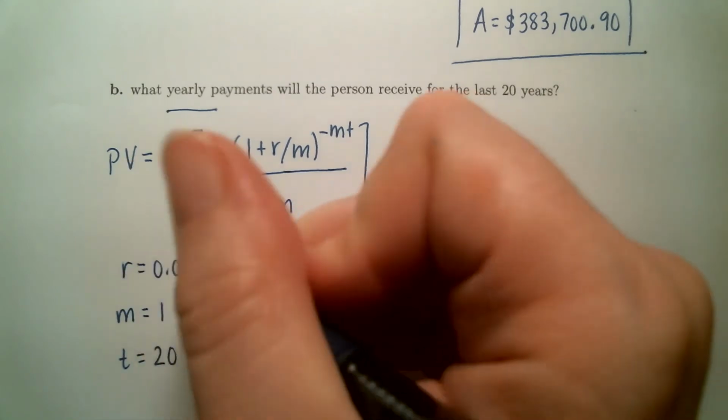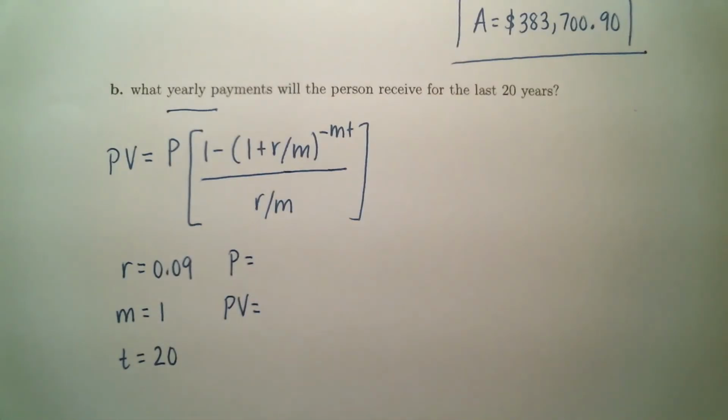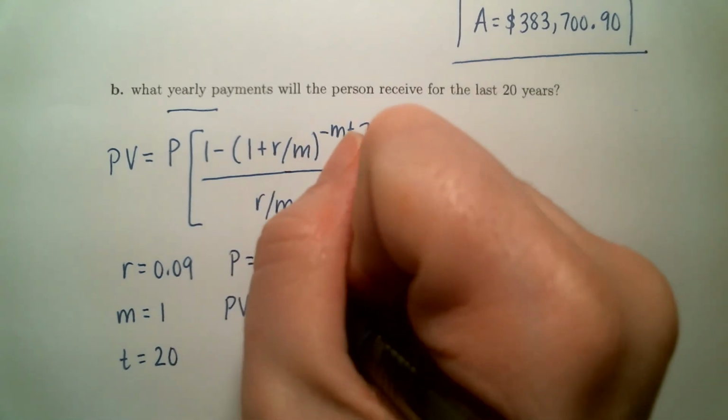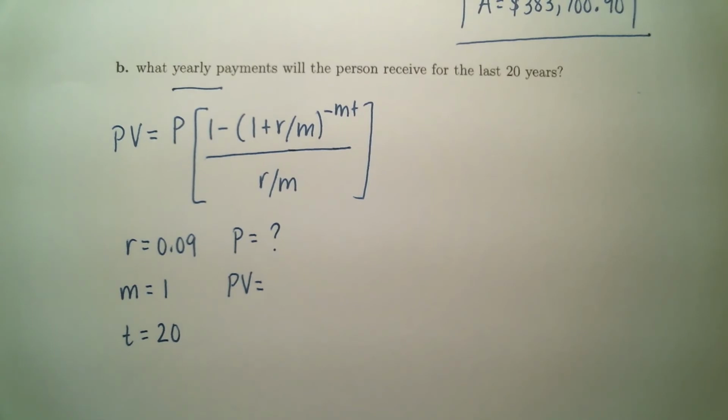Now it's coming down to P and PV. We have to decide what we're looking for and which one we know. We're trying to figure out how much the person is going to receive. What is going to be the payment to them? So we're actually looking for the payment here. Present value: at the time of retirement, how much is in the account?